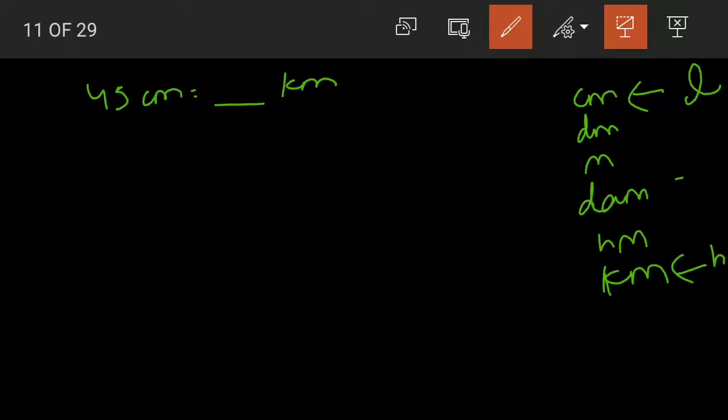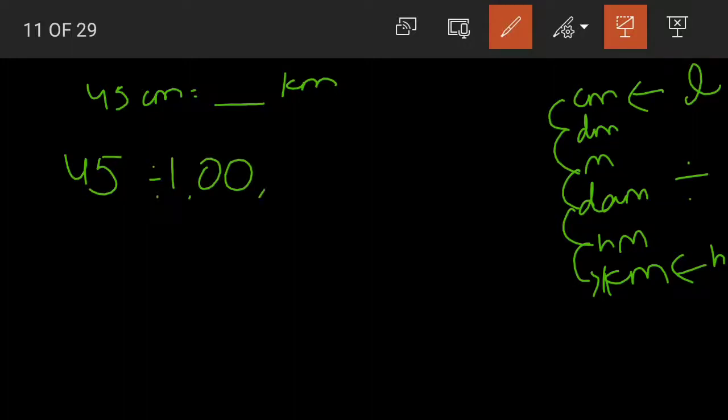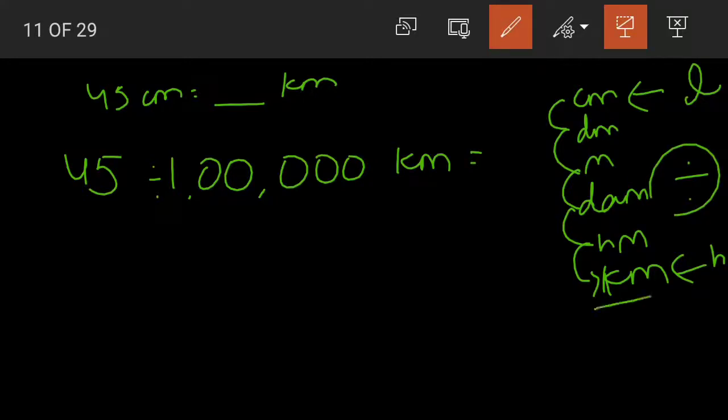So by how much should we divide, children? Divide. Okay. Count the number of jumps: 1, 2, 3, 4, 5. We need 5 jumps. So 45 is to be divided by 1 lakh. 45 divided by 1 lakh kilometers is equal to, when we divide the answer will be in kilometers. That is why we are writing kilometers.